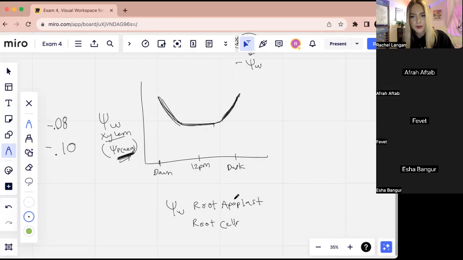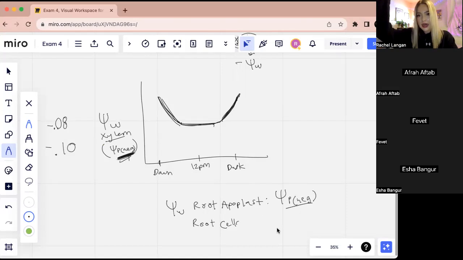Okay, so the water potential of the root apoplast is again just the negative pressure. That's why it's like a whole chain of water molecules. And again, this is influenced by pull from the top. As more transpiration happens, this becomes more negative.